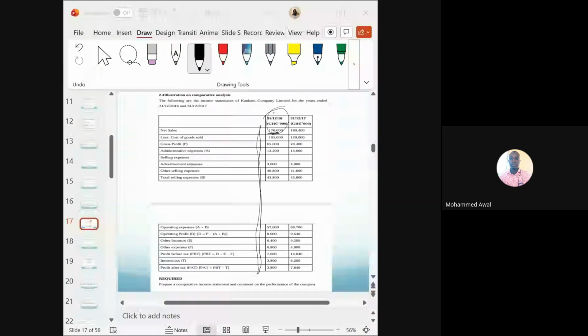I think earlier maybe we would have subtracted the net sales of 2016 from the net sales of 2017, whether we get a decrease or an increase, and then maybe divide the difference by the previous year and then multiply by 100. Yes, this is Awal.